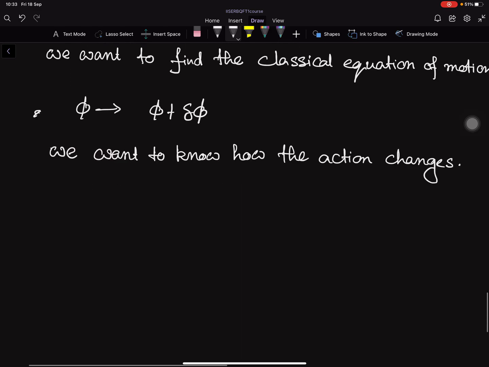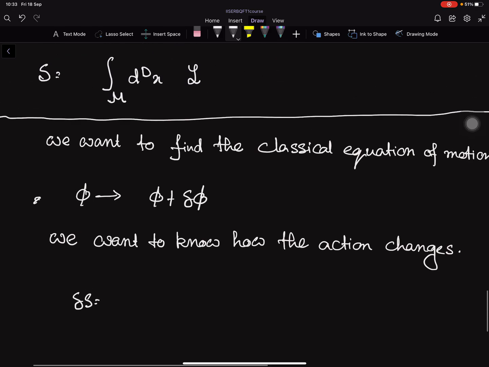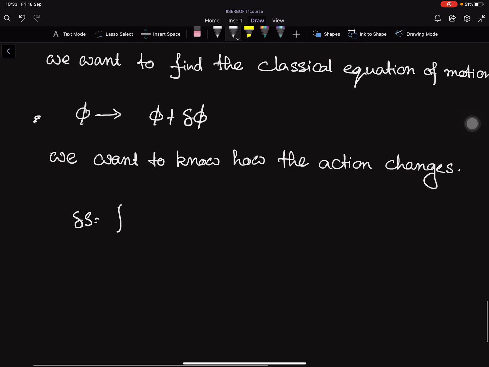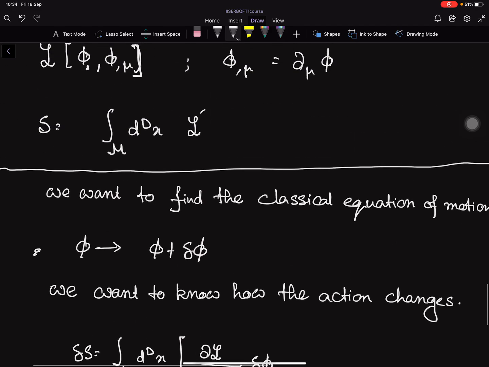Okay, so the way the action changes, delta S, is simply this plus the derivative of the Lagrangian density with respect to phi, times delta phi. So this is the Lagrangian density.